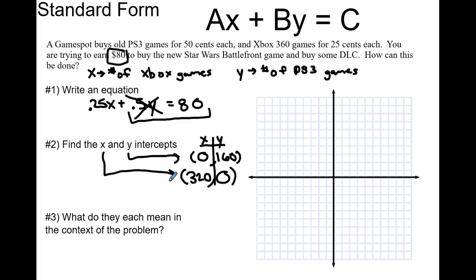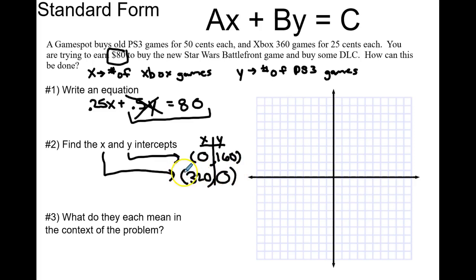All right, so what do those numbers mean in the context of the problem? When they say in the context of the problem, they mean put it back into words. Look back at this and say what it means. The y-intercept says you would need to sell 160 PS3 games if you sold 0 Xbox games to make your $80.